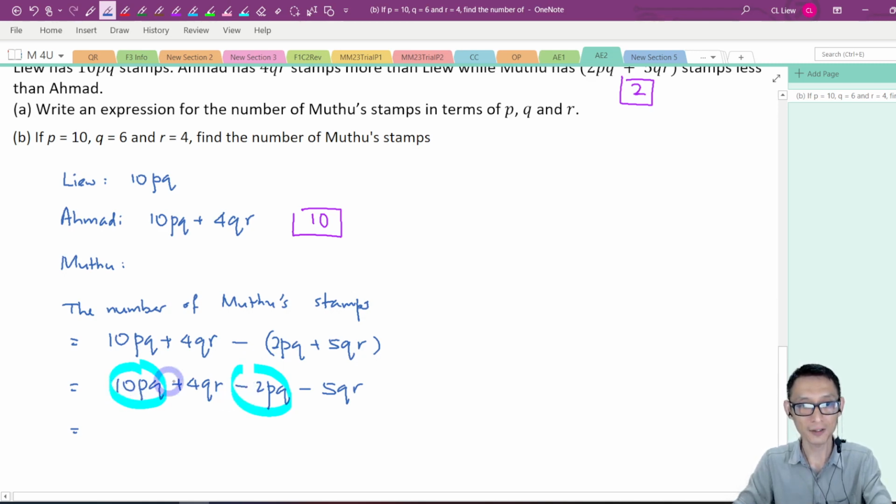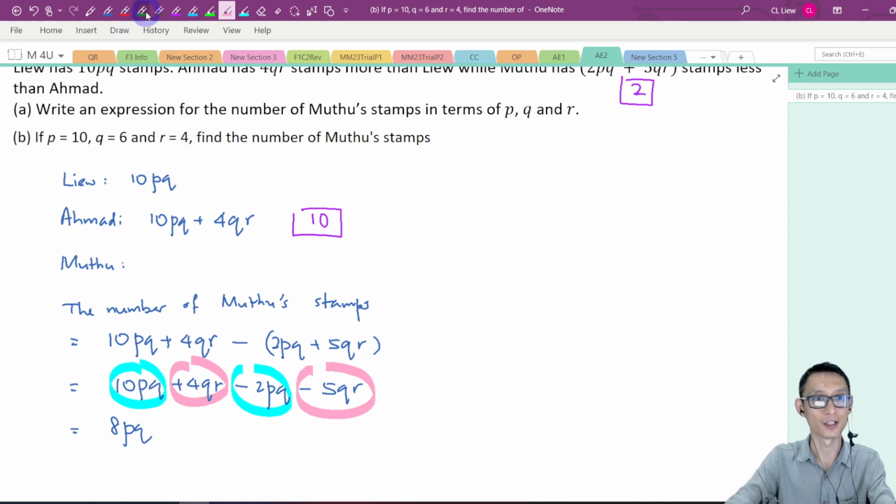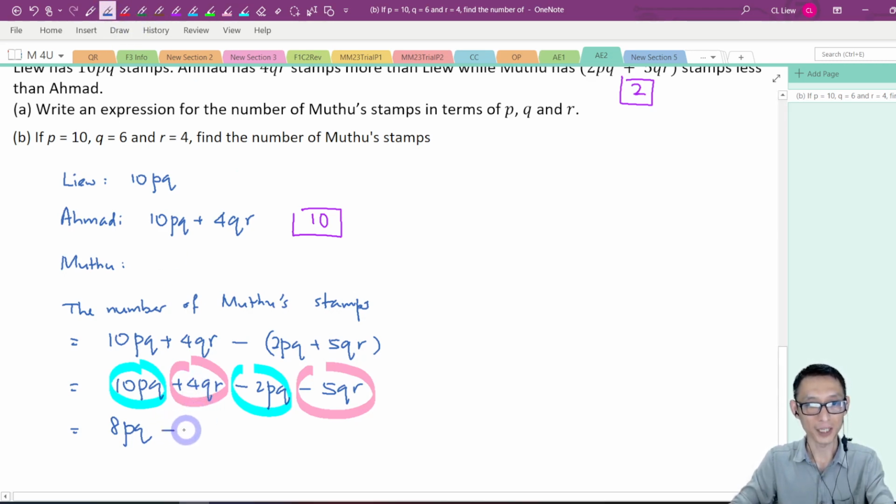So you just take 10 minus 2, which is equal to 8, and copy the PQ. Now we have another like term. This is plus 4QR and this is minus 5QR, so 4 minus 5 gives minus QR. So this is the answer for part A. We want to write an expression for the number of Mutu stamps in terms of P, Q, and R.